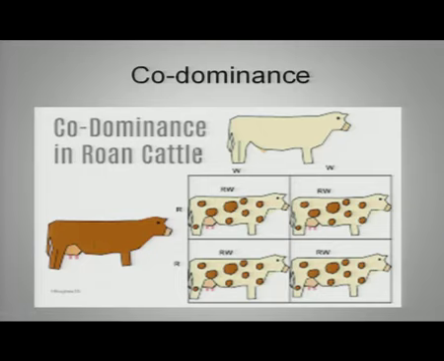When a red one is crossed with a white one, you can see in the progenies red as well as white color both appear together with spots. So, this is a typical example of codominance. Here there is no mixing up of the characters, but both the characters will be seen together.